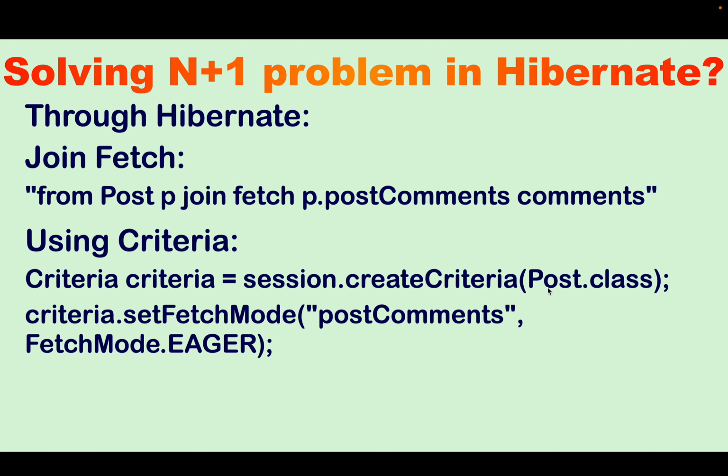I'm creating a criteria for my Post entity, and in that Post entity I'm setting a fetch mode as eager for only this postComments. So only while executing that specific query, this postComments will get eagerly fetched. For the rest of the times, this will be lazy fetch. So we can customize our query in Hibernate using the criteria query language as well. So through Hibernate, again there are two approaches, one using join fetch and one using criteria.